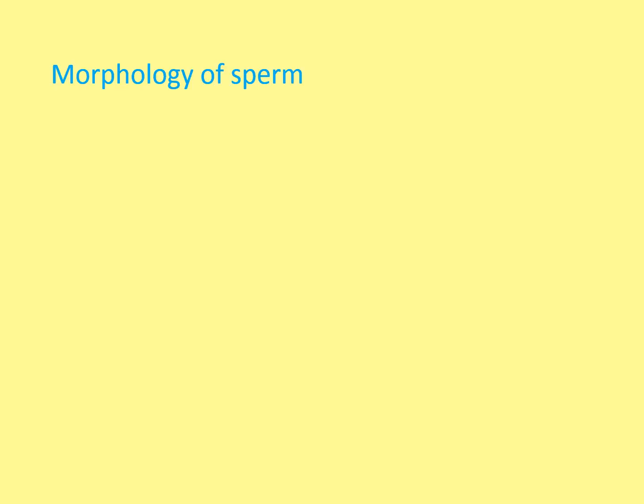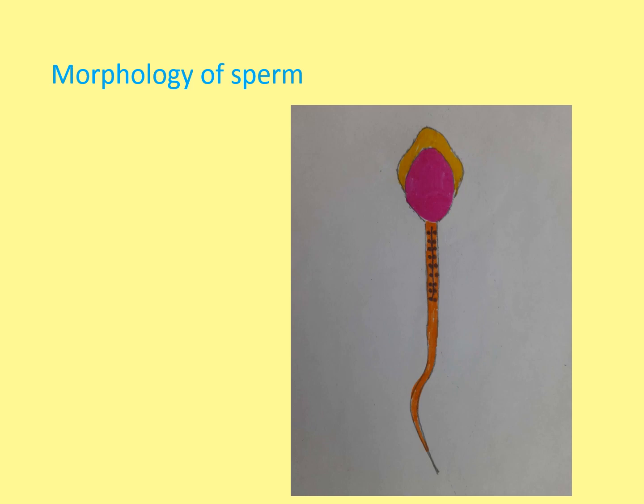Morphology of sperm: approximately 60 micrometers in length. It has mainly three parts: head, middle piece and tail. Some authors mention it as head and tail and consider the middle piece as part of the tail.